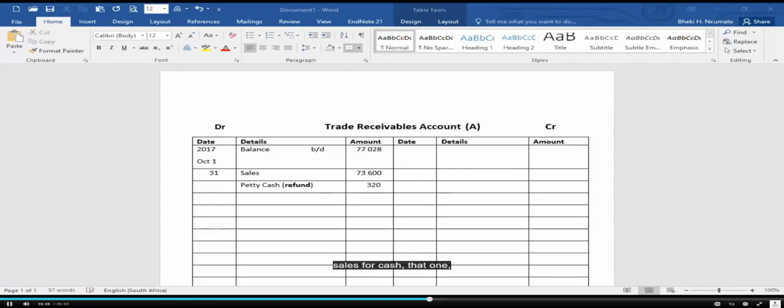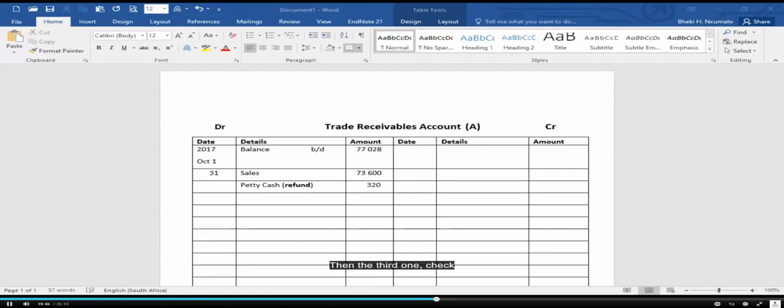Sales for cash won't affect debtors because those are sales for cash. Check payments by EFT to creditors don't affect our receivable. Then the third one, check payments, refund to debtors. We used EFT to refund our debtors.